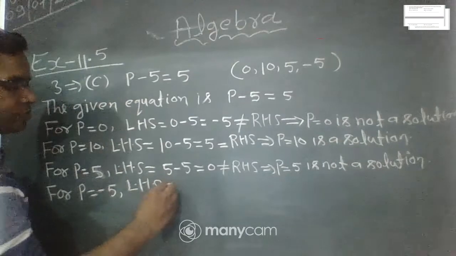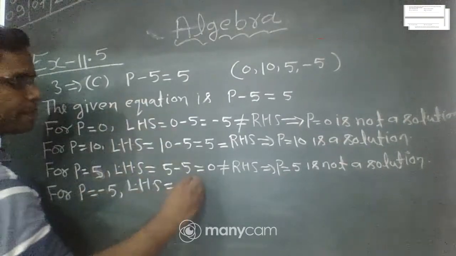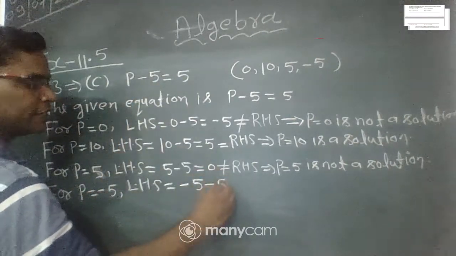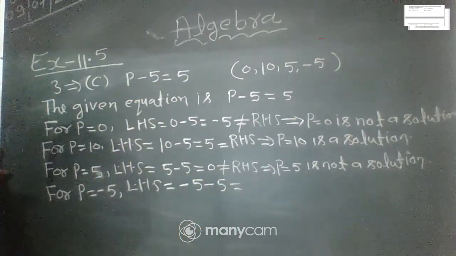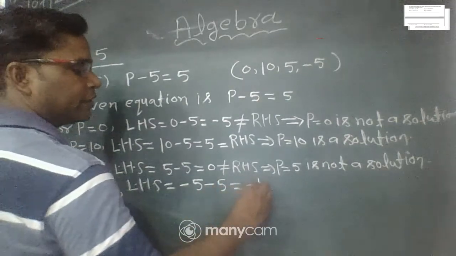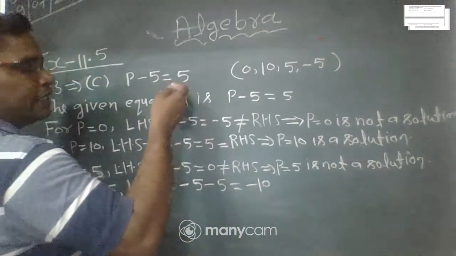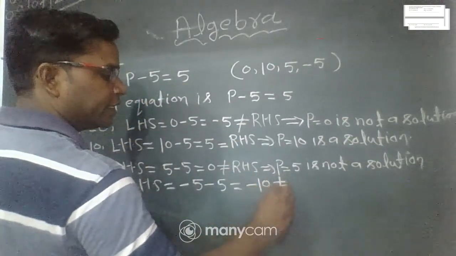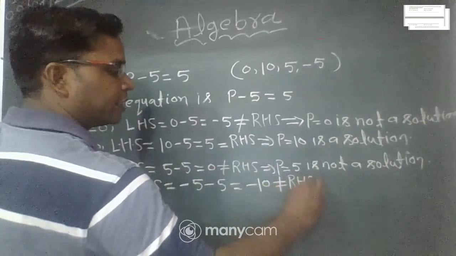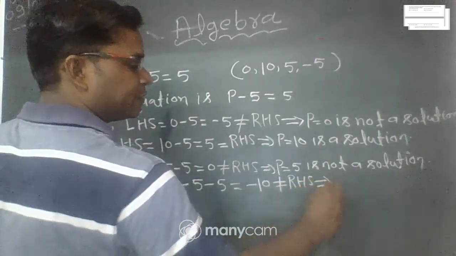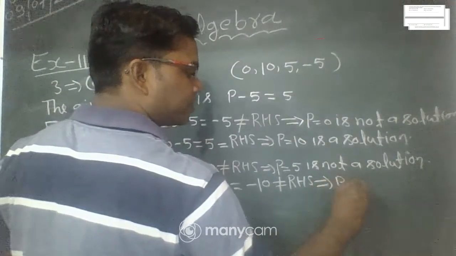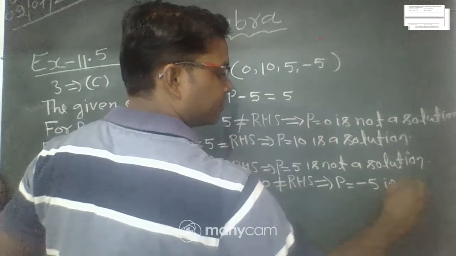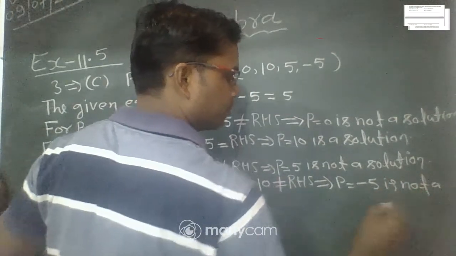So it is minus 5 minus 5, as given here, and this is equal to minus 10. Okay, but the right hand side is given as 5, so you can write here this is not equal to the right hand side. This implies that p is equal to minus 5 is not a solution.